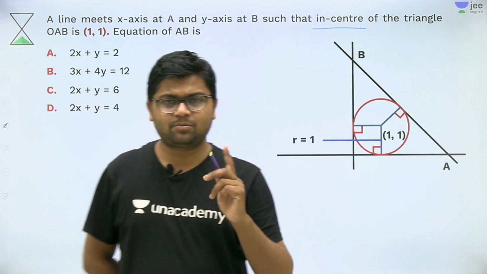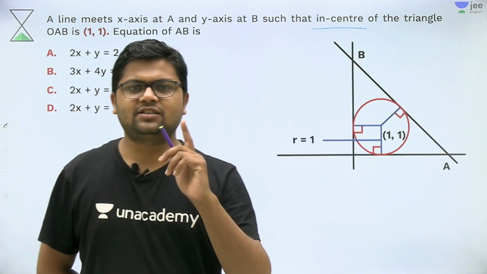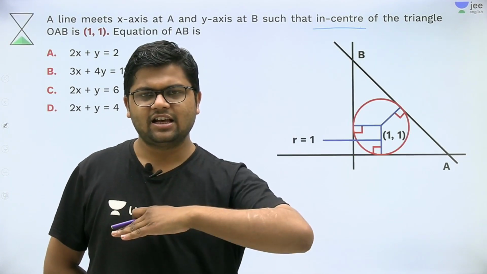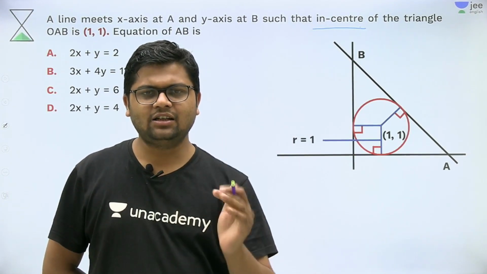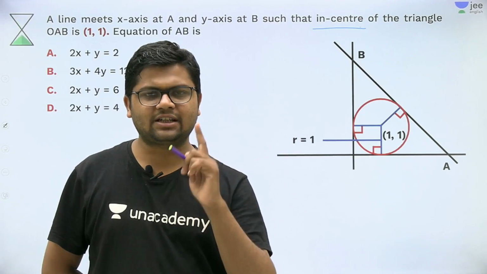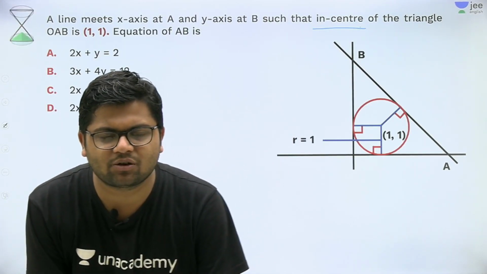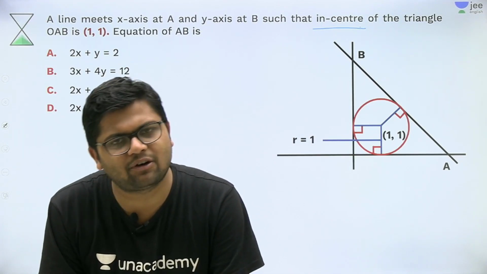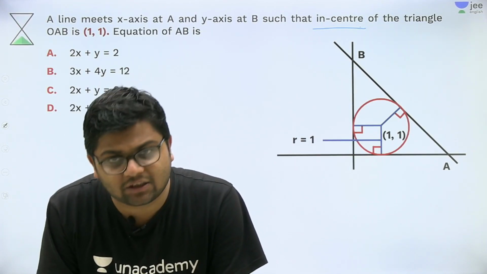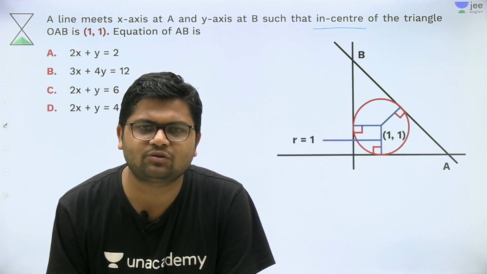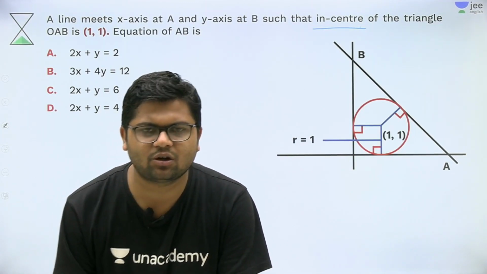Now there is a property: if a circle touches both axes, the x-axis and the y-axis, then the coordinates of its center will be equal. That means the coordinates of its center should be (alpha, alpha), and the radius of that circle will also be equal to the modulus of alpha.